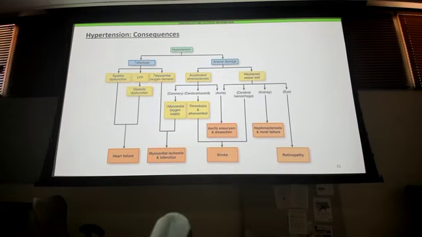What are the pathophysiologic changes that could occur by having a chronic elevated blood pressure? There are really two main limbs to this, but ultimately you're looking at heart failure, heart attacks, strokes, and affecting other organs like the retinas and the kidneys. Those are pretty serious consequences if they don't manage their blood pressure today.